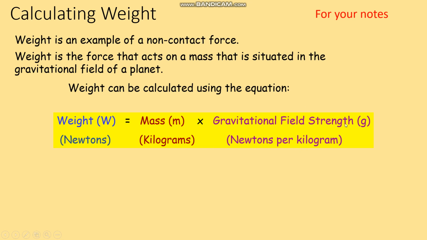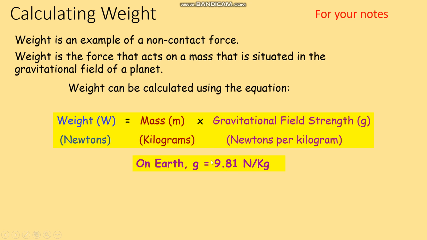This figure is unique to a planet. On the Earth, for example, the gravitational field strength is 9.81 newtons per kilogram. That simply means if you hang a kilogram mass on a force meter, it would read 9.81 newtons, approximately 10 newtons. So it's a very simple formula to use.